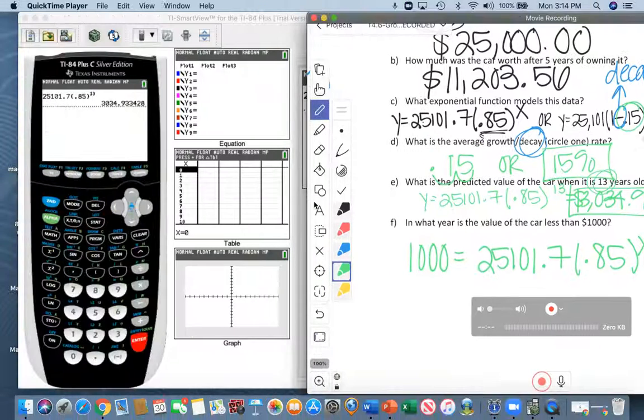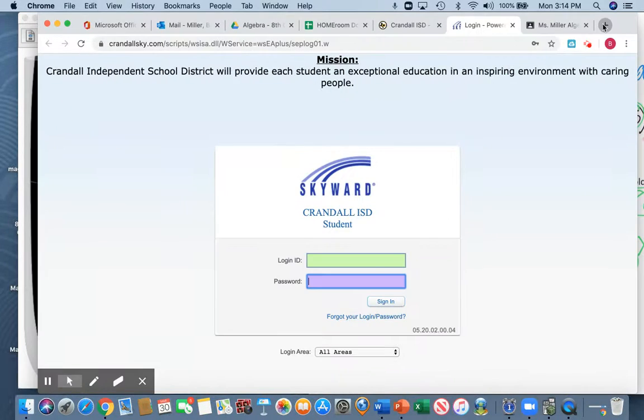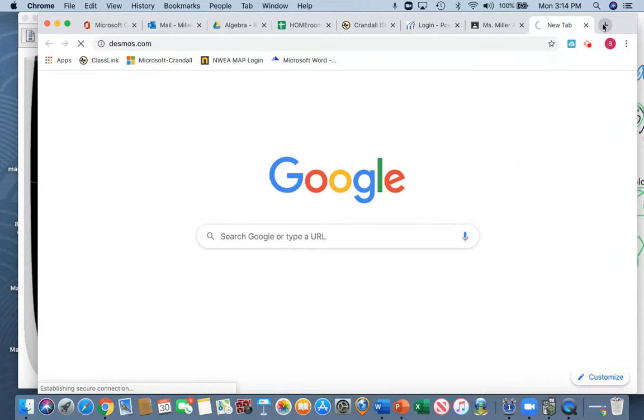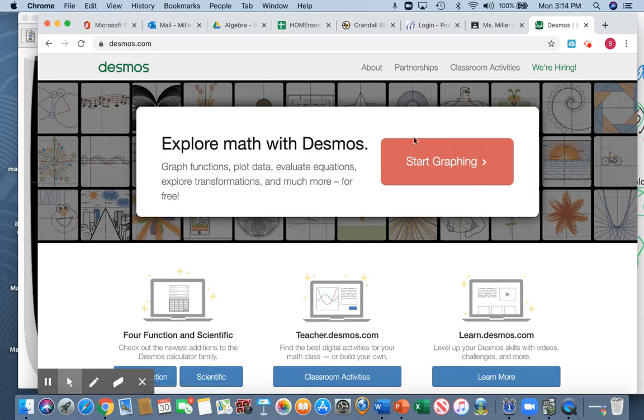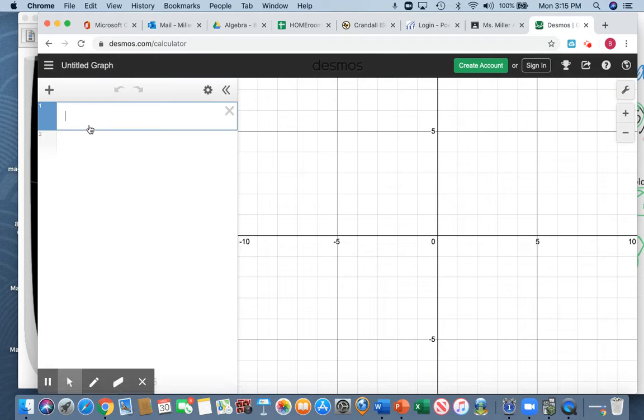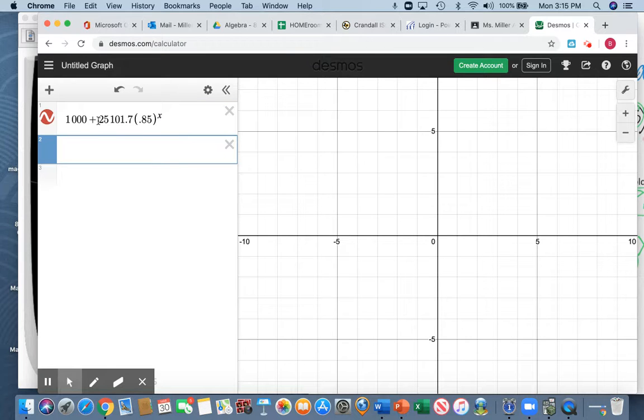So if I went to Desmos, start graphing, 1,000 equals 25,101.7 times 0.85 to the x.